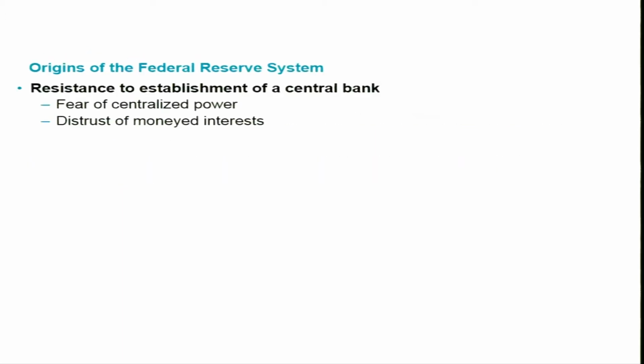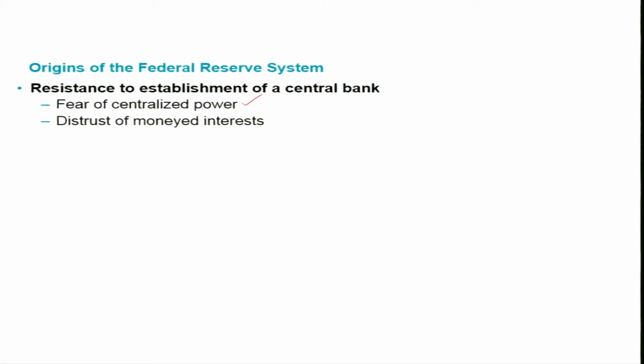So, coming to the Federal Reserve System, the origin of the Federal Reserve System in the US: initially there was resistance among different stakeholders in the economy, especially from bankers and different financial institutions. Setting up a central bank, the name itself says a centralized power, right?